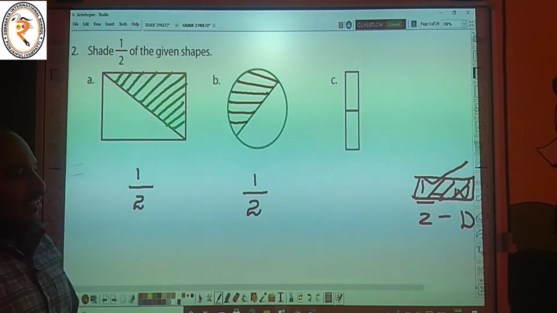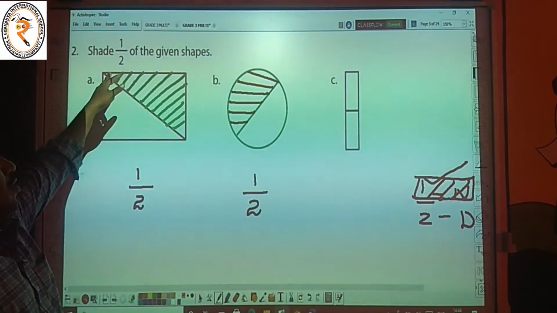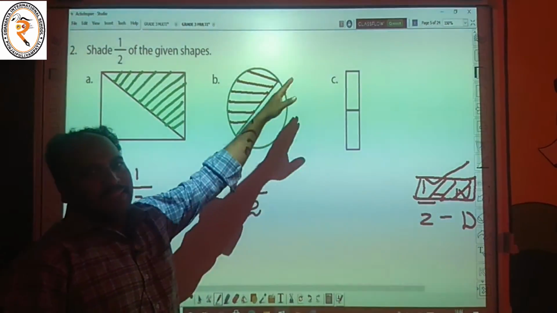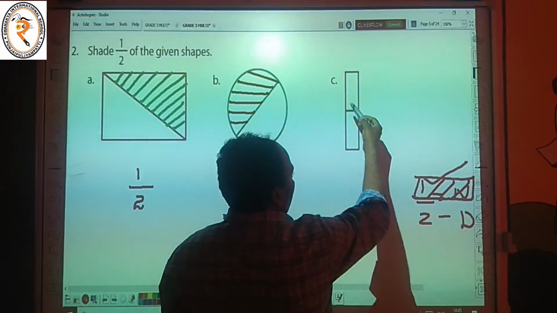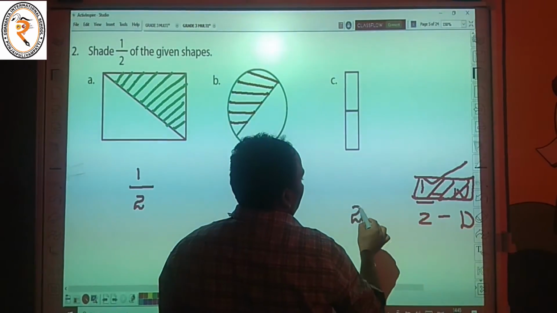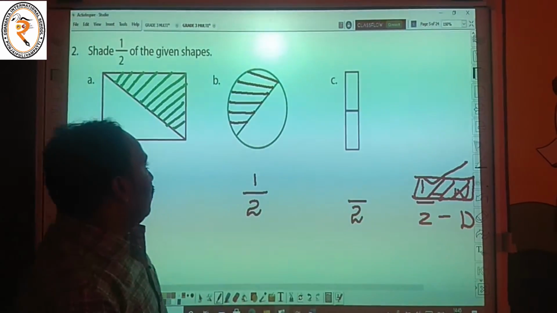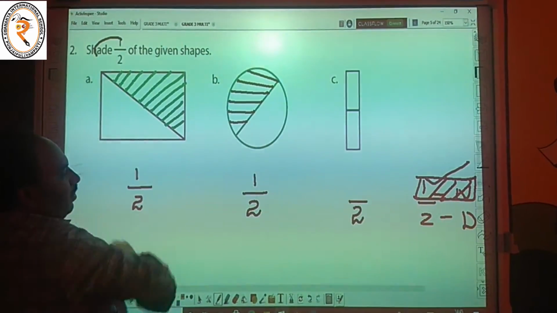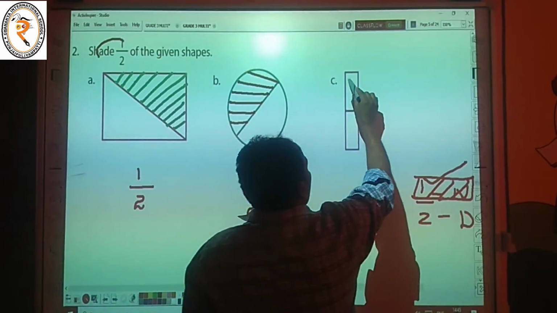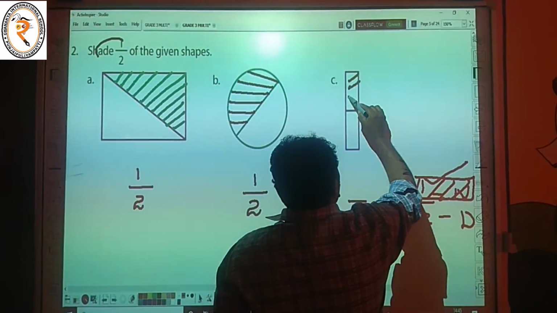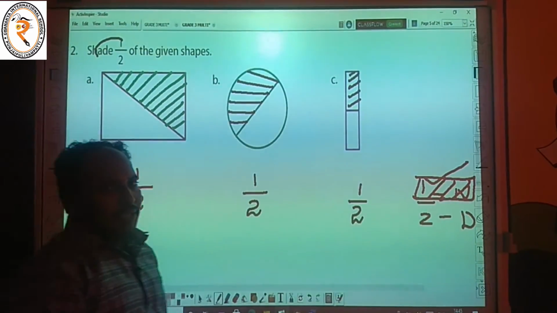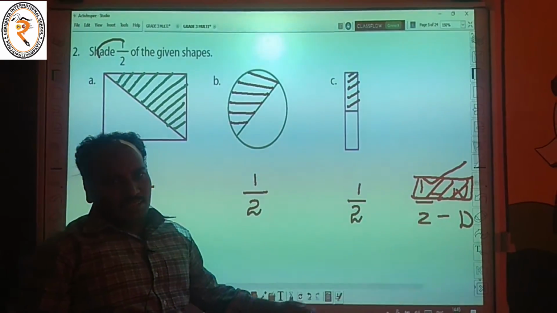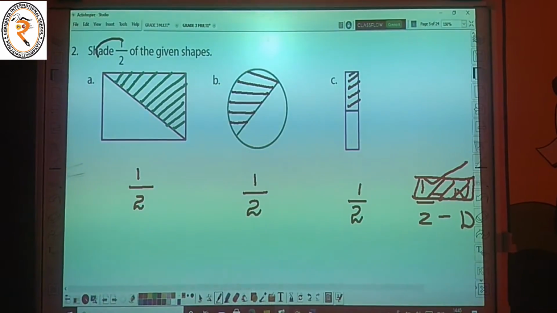So our fraction is 1 by 2. And then the C part. Here also we have 2 parts, 2 is the denominator part, and we want to shade 1. The fraction is 1 by 2.